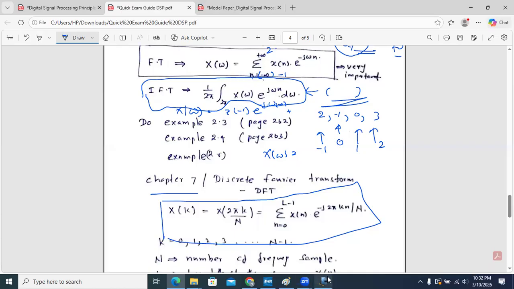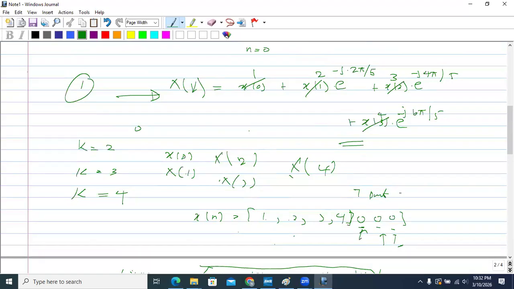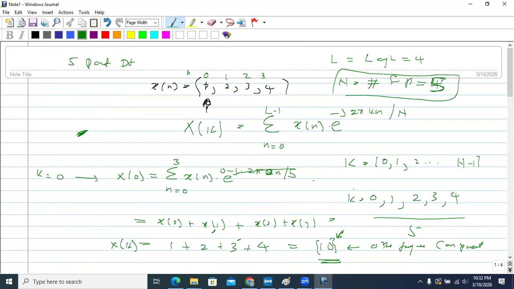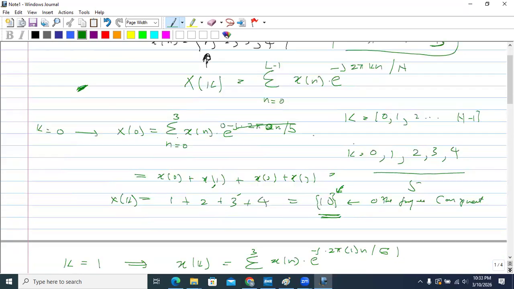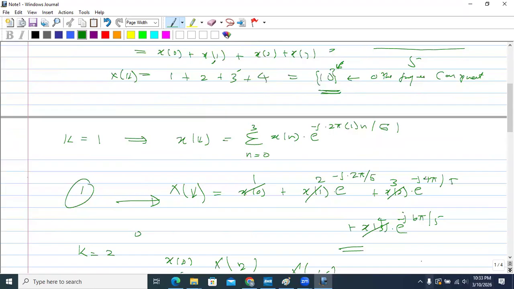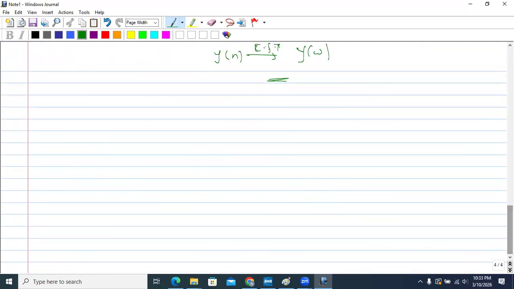For example, we have found some Fourier transform. Maybe you can remember that we get this kind of one. Once you got the Fourier transform, we get 1 e to the power minus j pi by 2 omega plus 2 e to the power minus j pi by 2 omega, like this kind of terms.